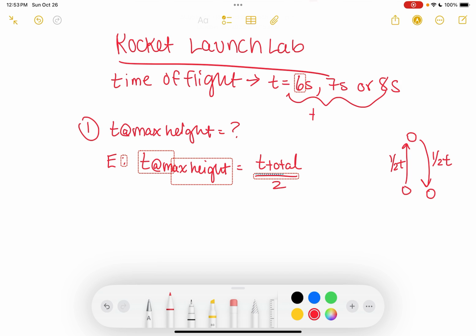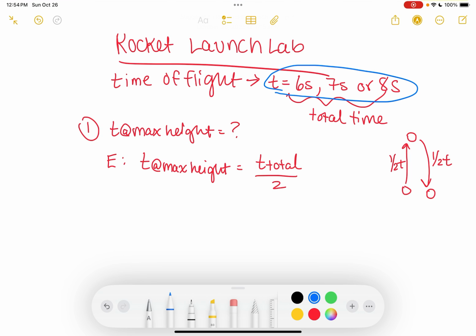And again, this is your total time up here. So you're going to take one of these numbers, unless you have the video and you're going to use your data. But if you don't, and you just want to get this lab over with, you are going to use one of these 3 times that I've already selected for you. Once you do that, you're going to substitute.